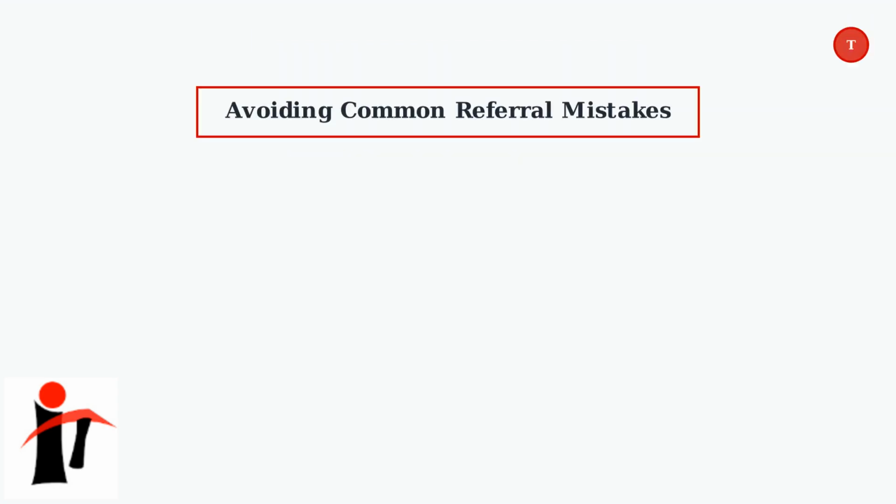To maximize your Tesla referral rewards, avoid these common mistakes that can invalidate your referrals. The most common mistake is when someone you refer makes a purchase without using your specific referral link. Only purchases made through your unique link or code will be credited to you. Tesla has implemented stricter eligibility rules to combat abuse.